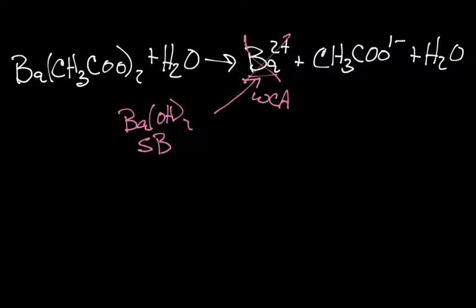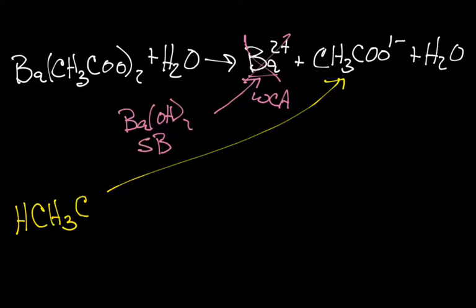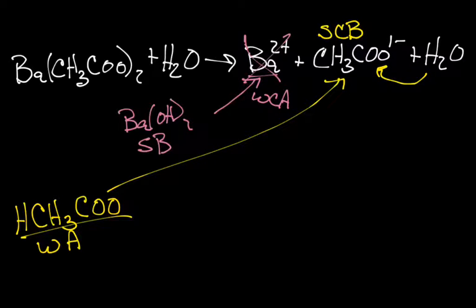Okay, what about the acetate? The acetate could have come from the acid HCH3COO, and this is a weak acid, which makes the acetate a strong conjugate base, meaning it is very likely to accept another H from the water, giving us OH-.